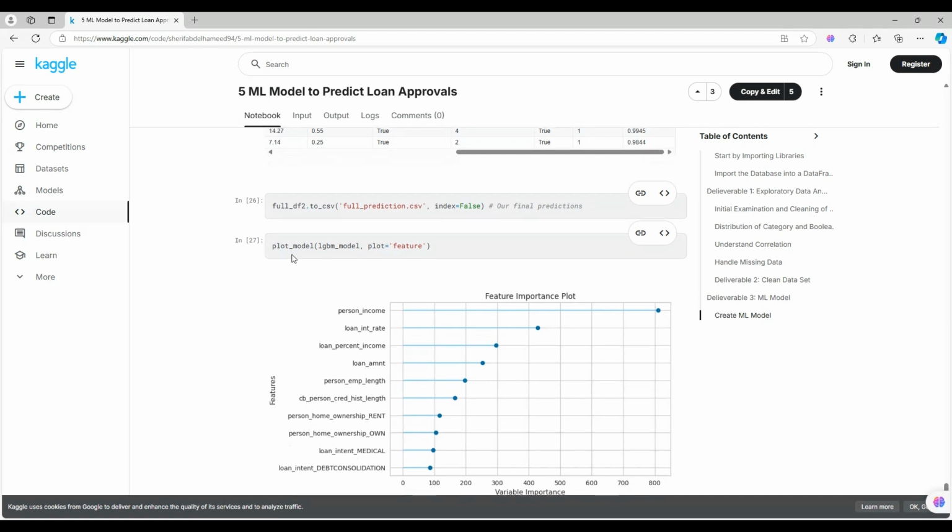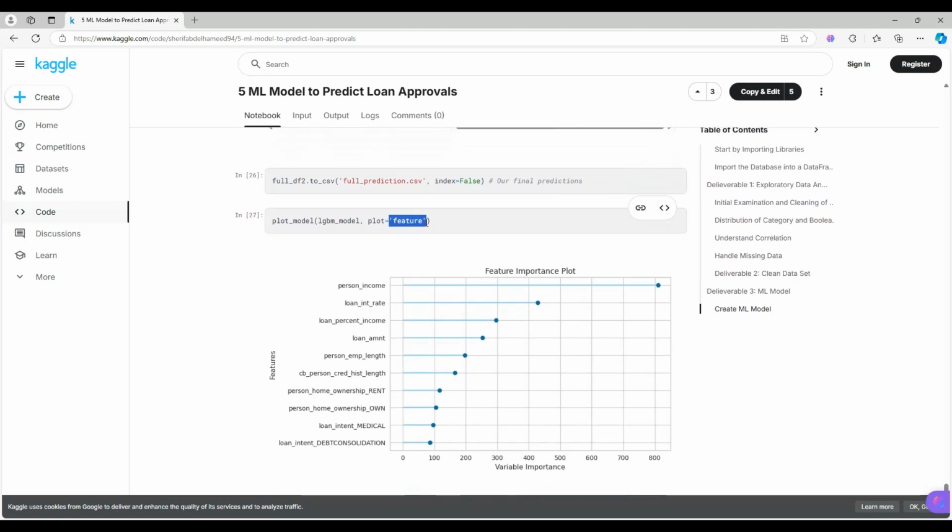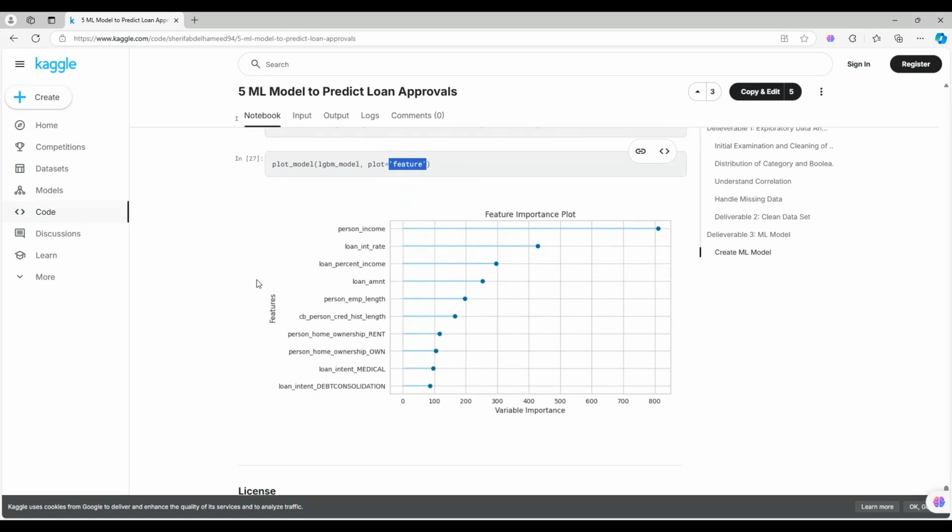And finally, to plot the model of the features, we just want to see it visually. How important is each column in determining the loan approval per the machine learning model? It says to us, oh, personal income is the highest and most important. The loan interest rate, so the pricing basically, is very important for approval as well.